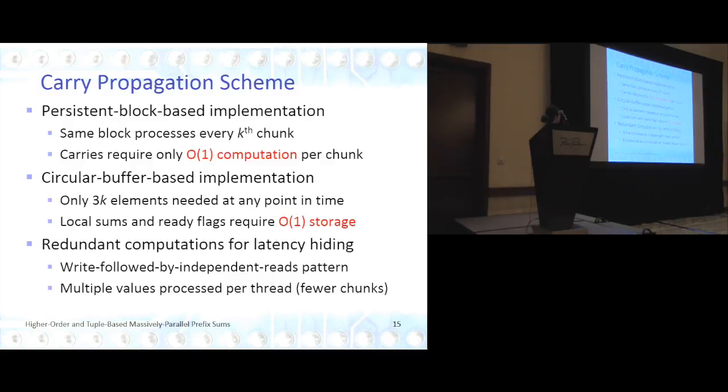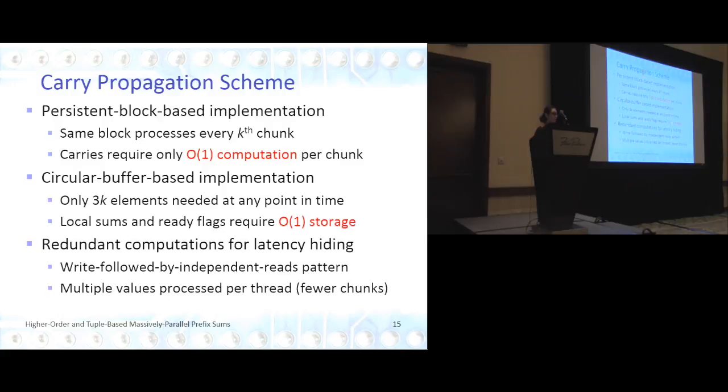So we are using a persistent block in this work, and the same block processes every k chunk. The carry only requires one computation per chunk because of the constant amount of values that we have per chunk.